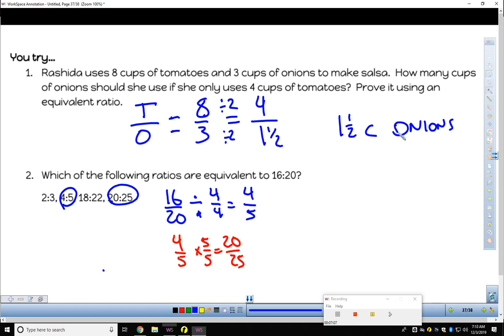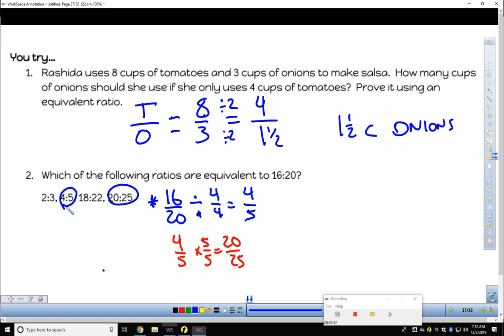In problem 2, we're looking at which of the following ratios are equivalent here. I started by simplifying this ratio as much as I could, and I used some fraction knowledge. I divided 16 and 20 by the greatest common factor, which was 4. I did 16 over 20 divided by 4 over 4. That got me 4/5.